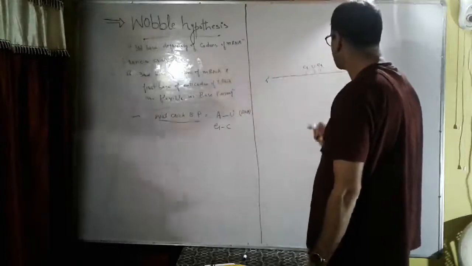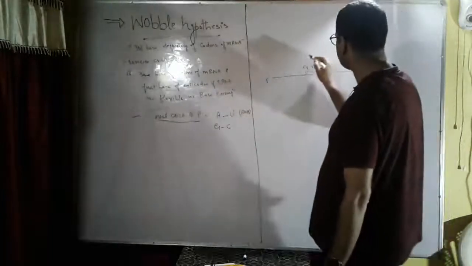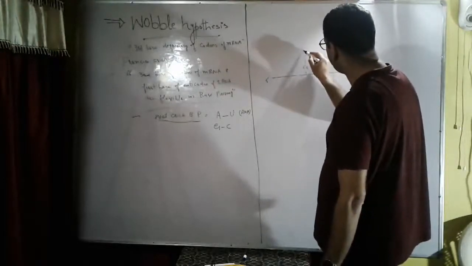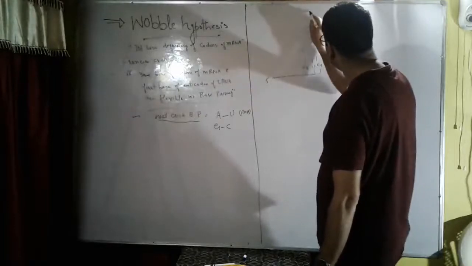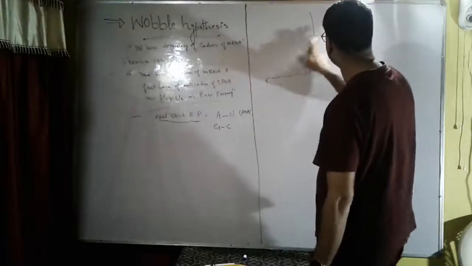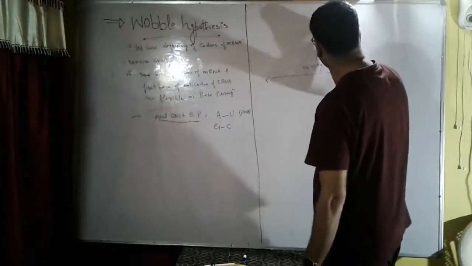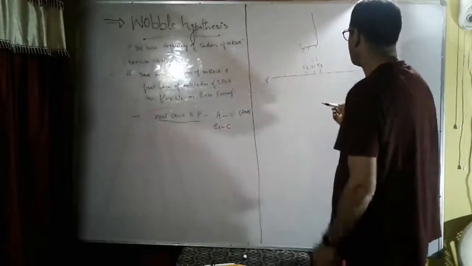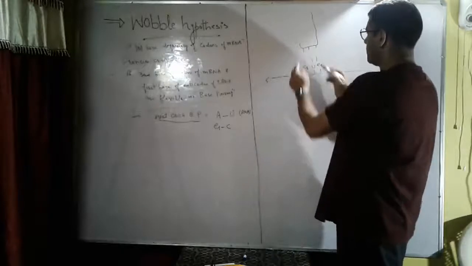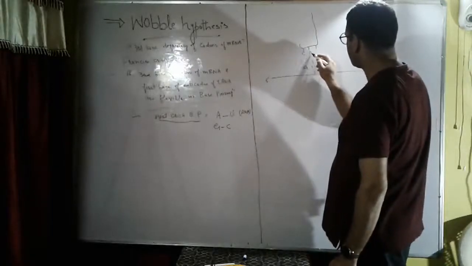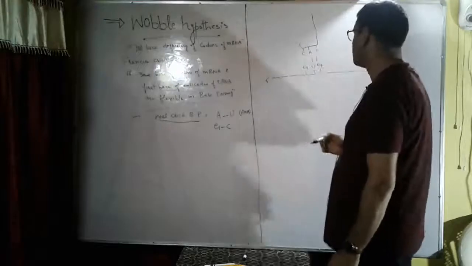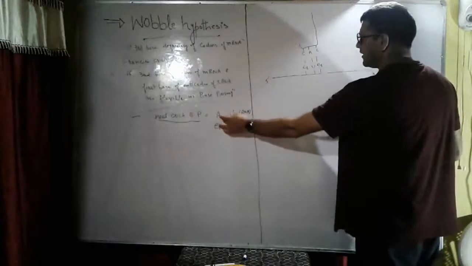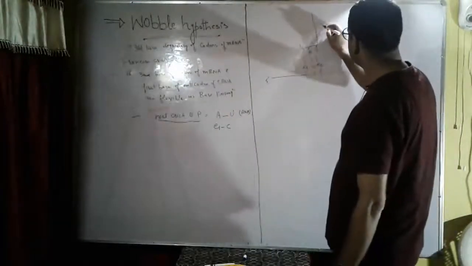Suppose this is tRNA. G will pair with cytosine, U will pair with adenine, and G will pair with cytosine. This is the normal Watson-Crick base pairing rule.